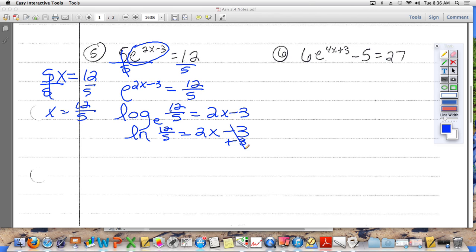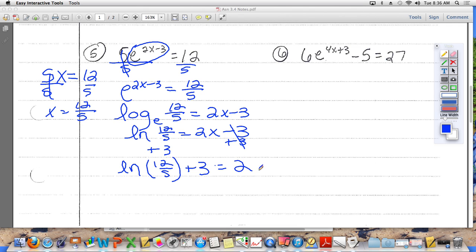So I'm going to add 3 to this side and add 3 to this side. Awkward, yes. Make sure when you are typing this into your calculator that you are taking the ln of only 12/5. Finish off your parenthesis. You're only taking the ln of 12/5, and then you have to add 3 to it.